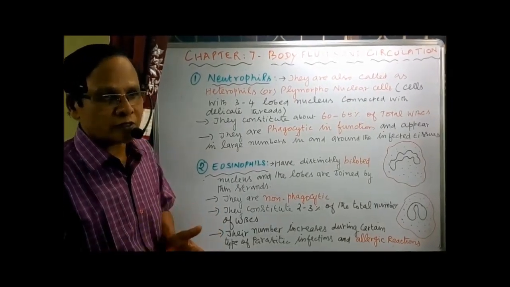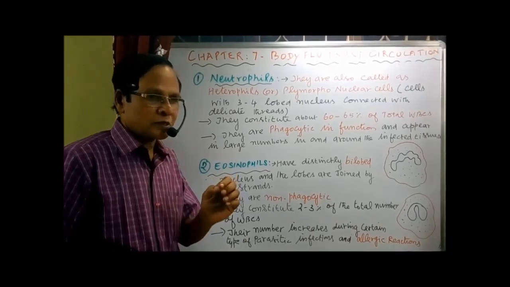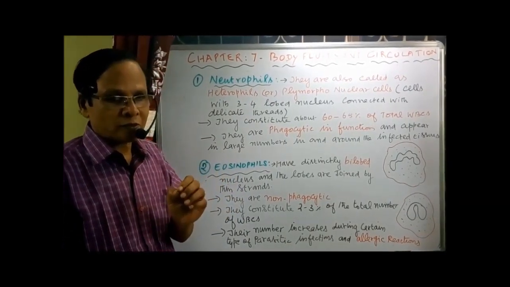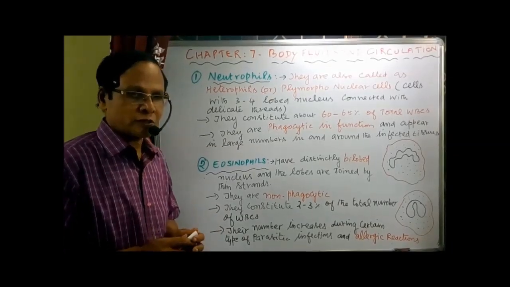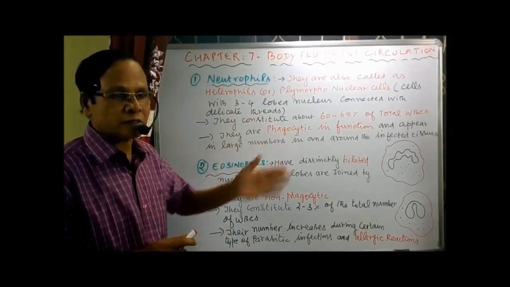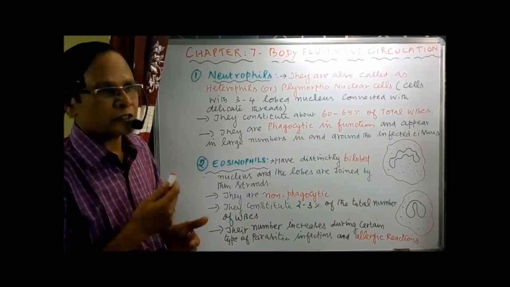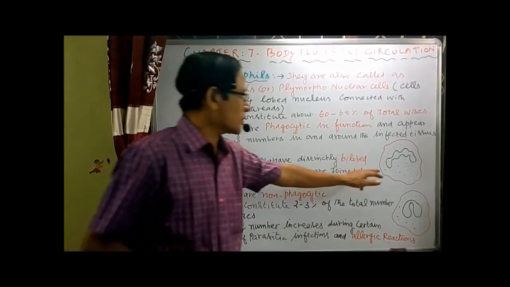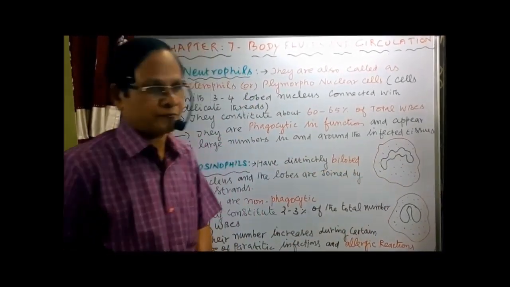So we can find out whether the person is infected with any bacterium or not by counting the number of neutrophils. During infection, the number of neutrophils increases in and around the infected tissues. This is the neutrophil with the multi-lobed nucleus and granules in the cytoplasm.